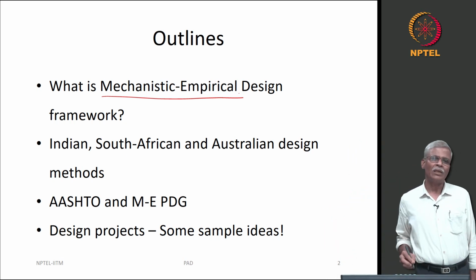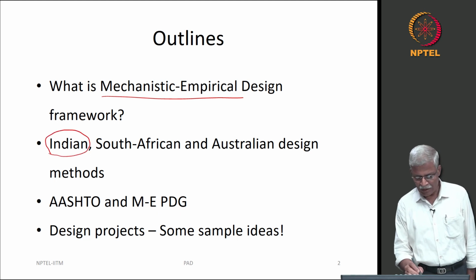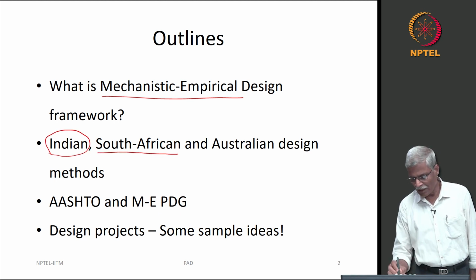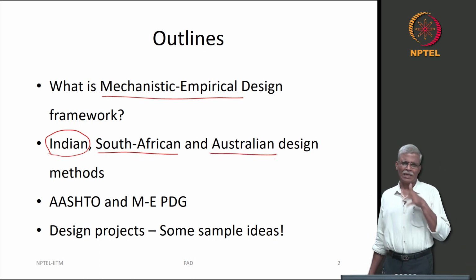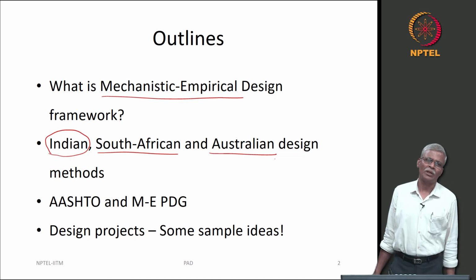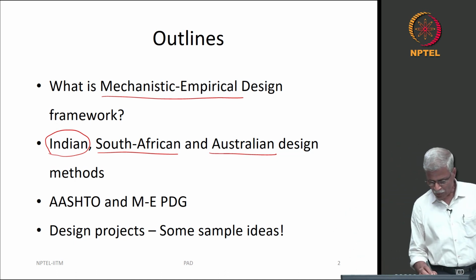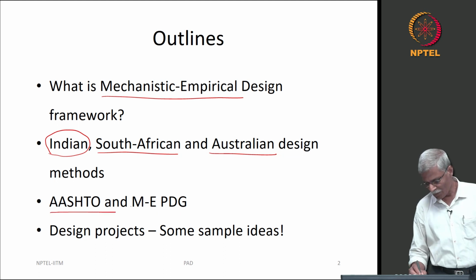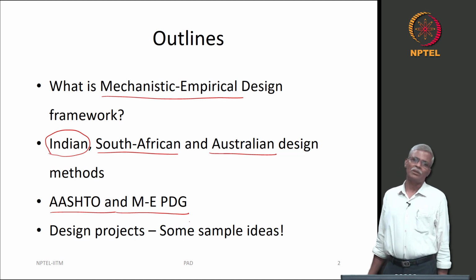Then we will look at three different design codes. I will emphasize the Indian, South African and Australian design methods. They are slightly similar to what we do for IRC 37, and then I will get on to one of the most comprehensive and detailed design codes, which is the AASHTO.